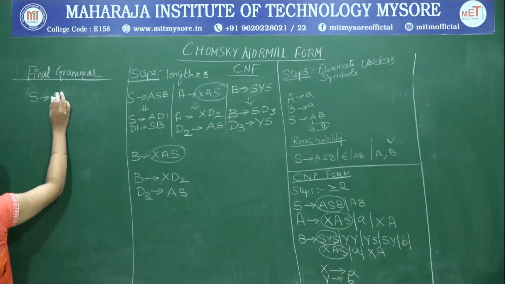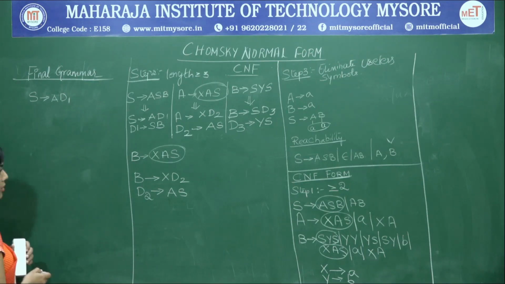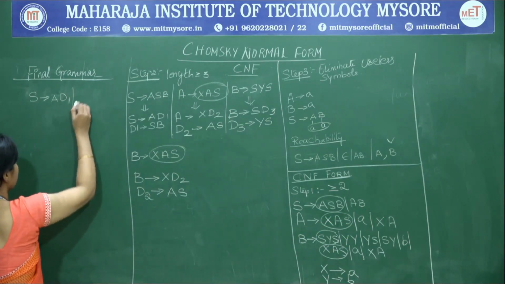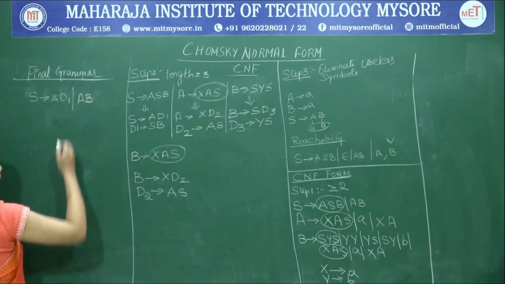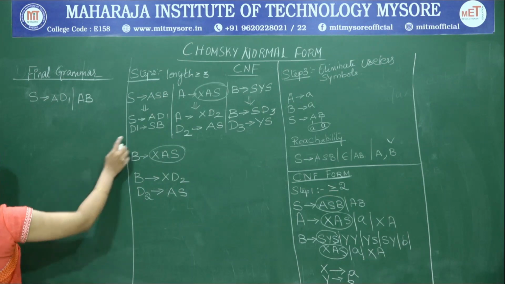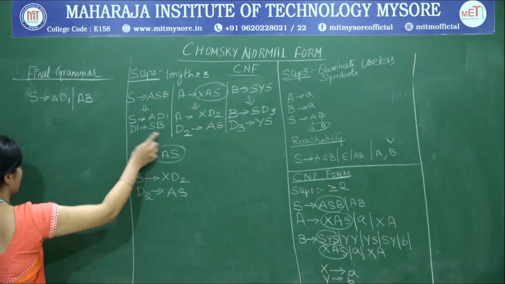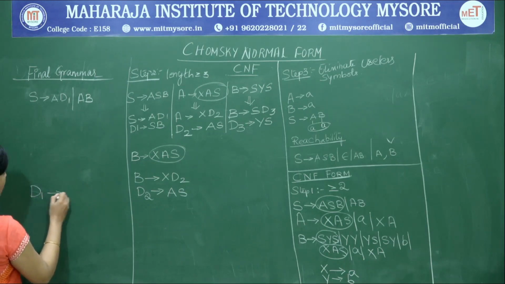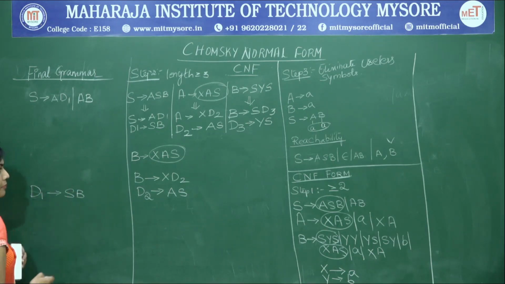S goes to A D1, we will write it as it is, and AB has to be written as it is. And then there is one more production that we have written here, D1 goes to SB. So D1 goes to SB has to be written.